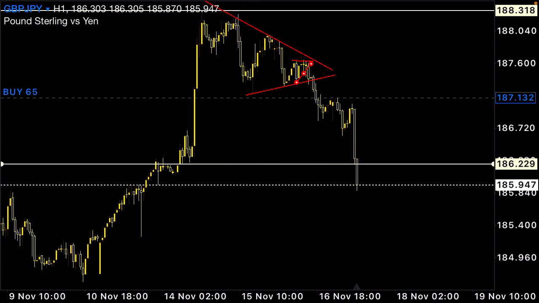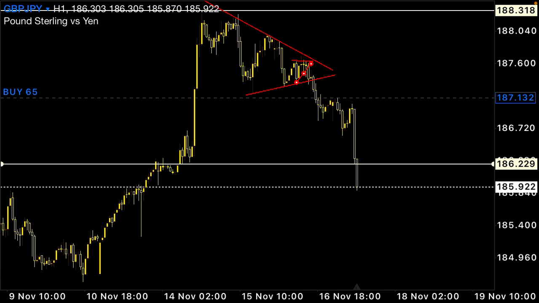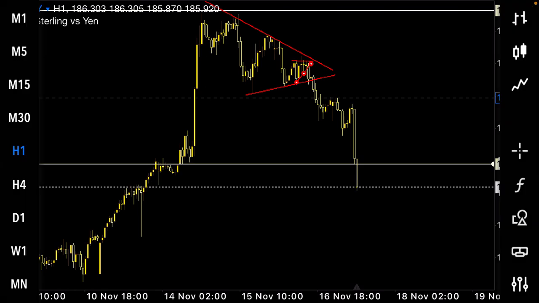So basically that's 86, it'd be 187.86, 132, or 13. So 100 pips, basically. 113 pips. So anyway, and then it's looking to keep going.